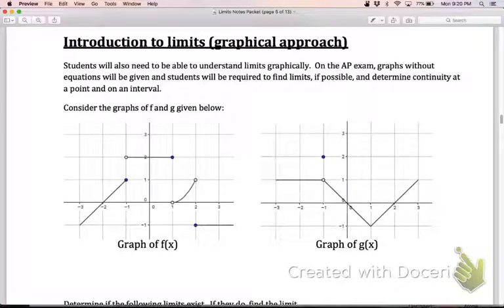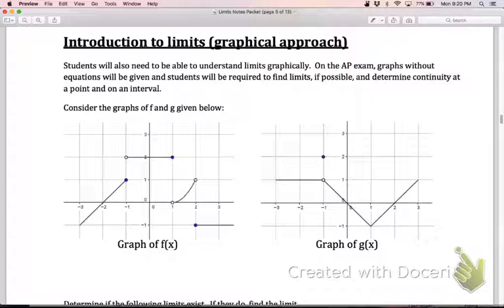All right. Yesterday, we looked at an introduction to limits by taking a numerical approach. So we looked at tables and we kind of saw numerically, looking at the function values, what was happening there.